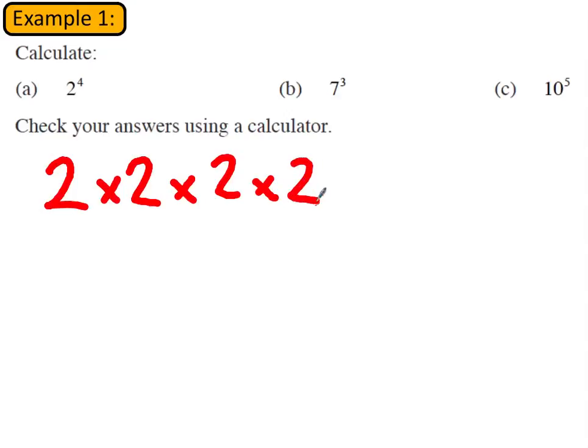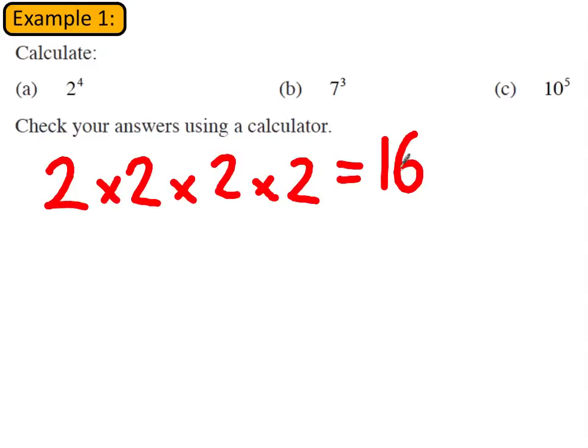That 4 corresponds to the number of times you times 2 by itself. In this case, obviously 4 times. So work this out. 2 times 2 is 4, times another 2 is 8, times another 2 is 16. So the answer to the first question is 16.